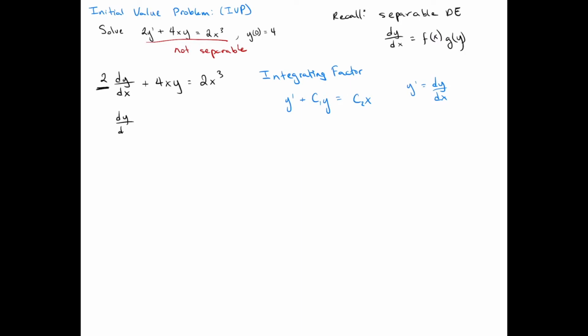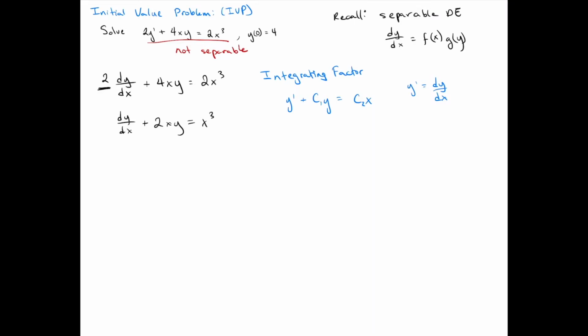So it becomes dy over dx plus 2xy equals x cubed. The next step is to take the term with y and look at whatever is in front of the y. In this case, it's 2x, so 2x would be our function a of x.